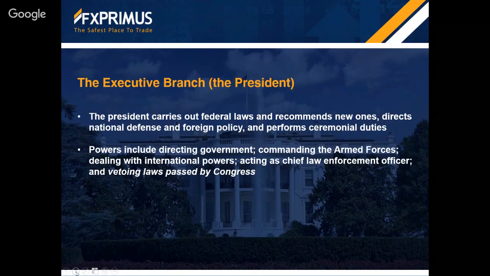He or she can recommend new ones, but the president doesn't make the laws directly. The president does have a lot of power in national defense and foreign policy. The president is the commander-in-chief of the armed forces, and the president controls foreign policy. Plus, of course, the president performs ceremonial duties.